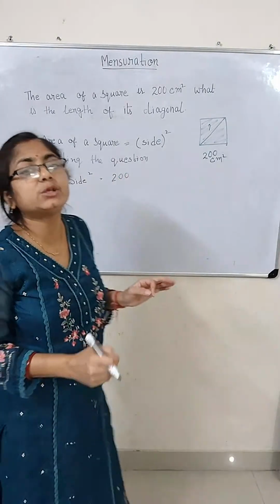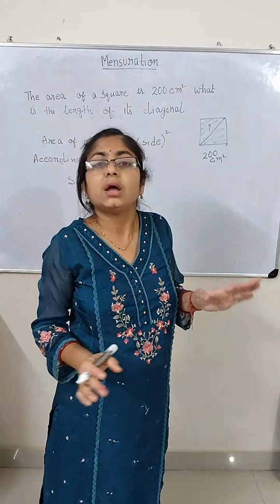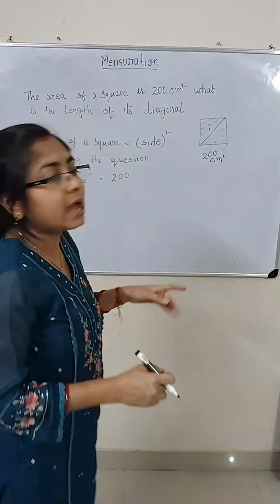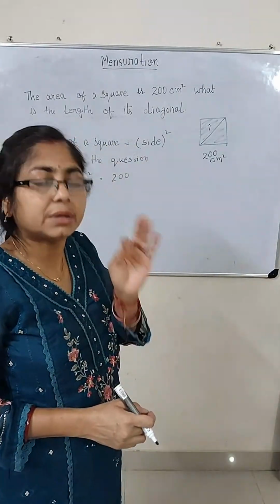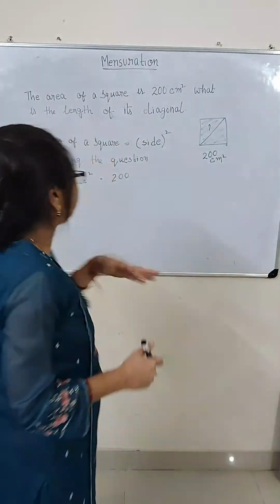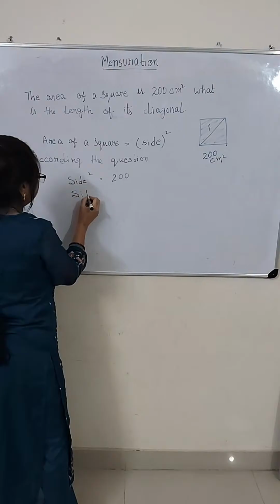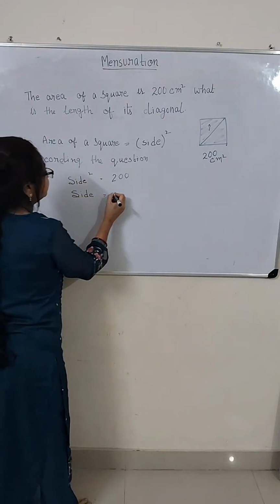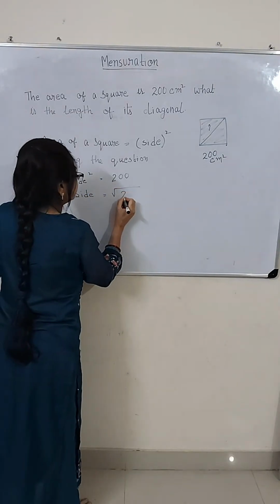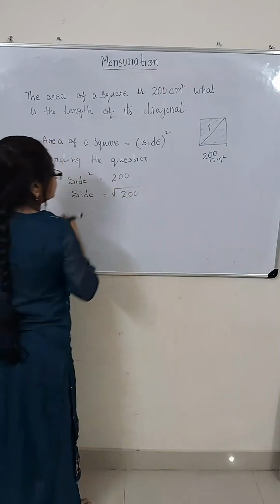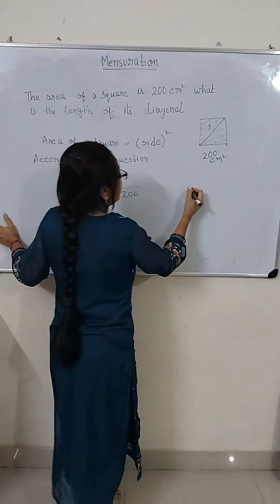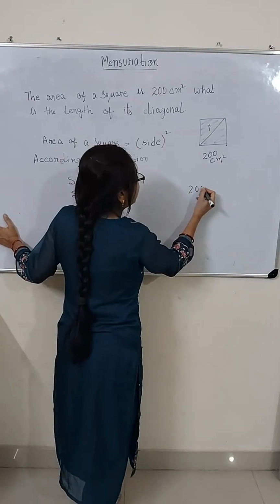At that time, please don't use any unit. Just put the values. Now I find the value of the side by finding the root. Prime factorization method applied.